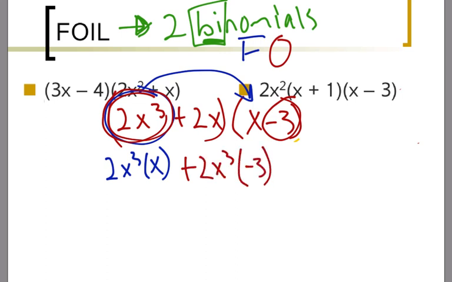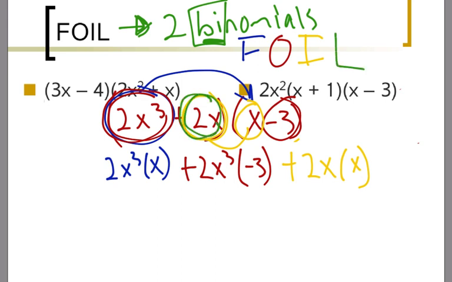Then I do my inners, which would be 2x times x, and I get plus 2x times x. And then I'm going to do my last, which is my 2x times my negative 3.